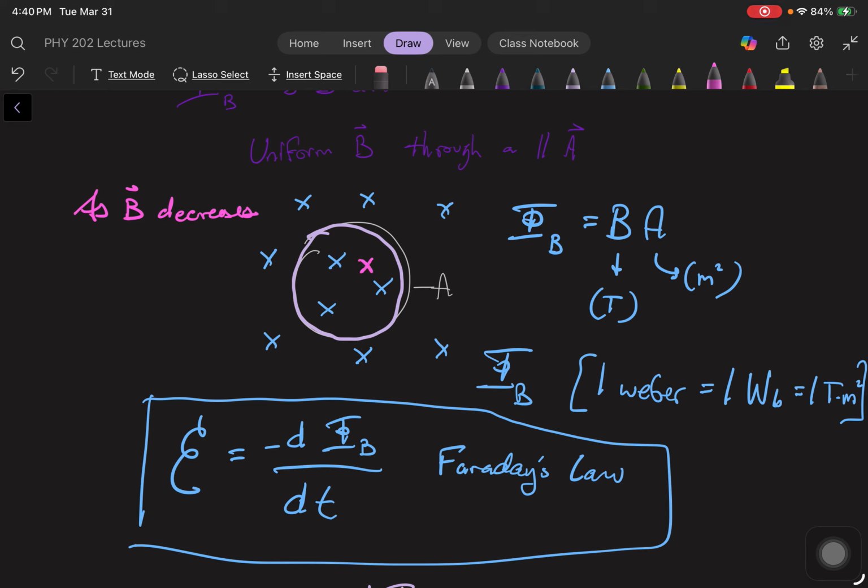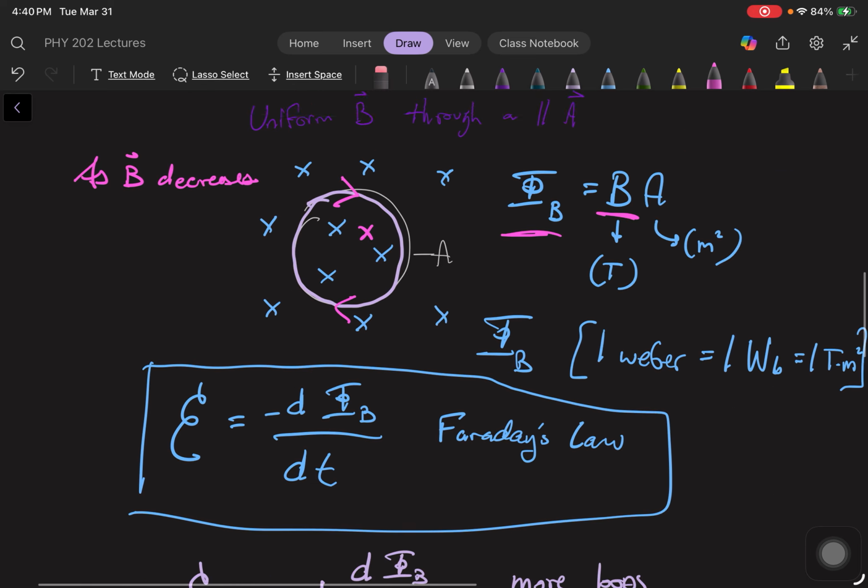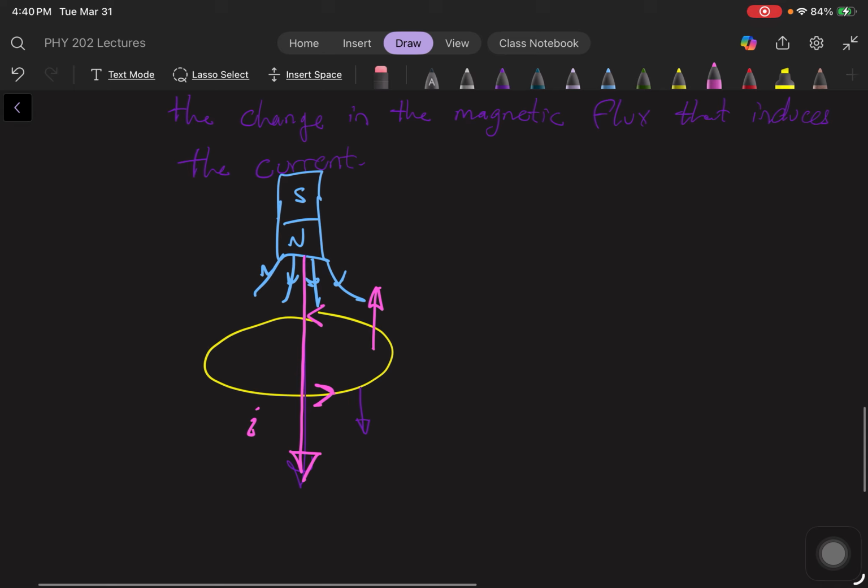And to do that, if we right-hand rule it, we would need a clockwise current, because if you curl your fingers around that way, your thumb points into the board. And so if B was getting smaller, the flux would be getting smaller. And so we are going to create an EMF that's going to create a current that's going to create a magnetic field to oppose this, is what Lenz's law says. And we will do tons of practice with that in class.